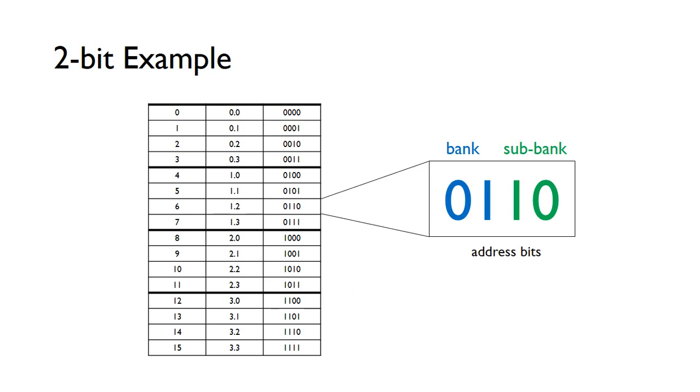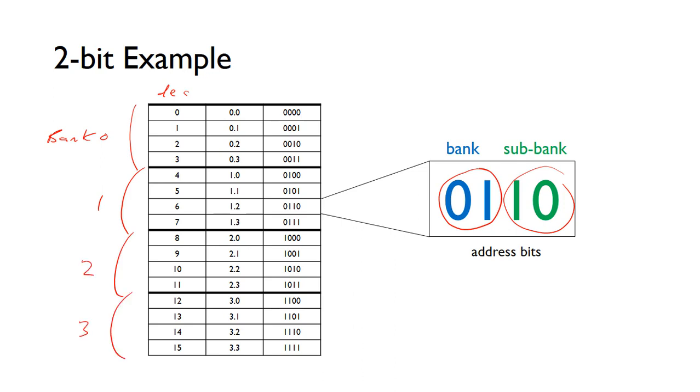We'll look at an example now, a 2-bit example. You can see this is the decimal address. If we look at a particular address in binary, the most significant bits we'll use to select the bank, and the least significant bits we'll use to select the sub-bank. In this example, this will be bank 0, bank 1, bank 2, bank 3, and so on.